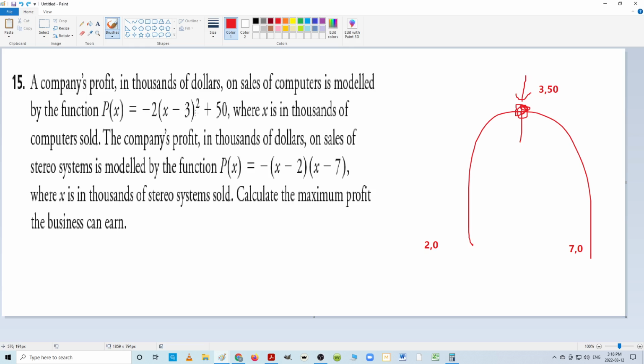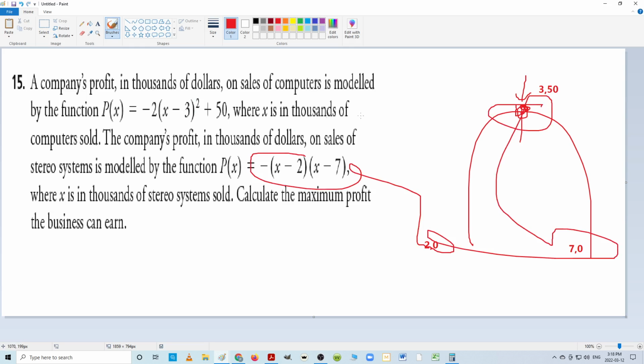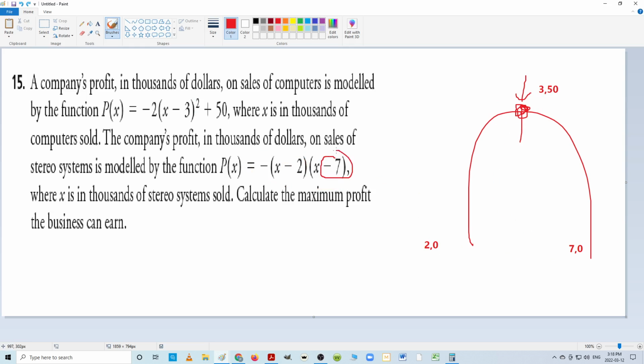Oh, actually, you know what? This one's different. That's different from this parabola, because those two meet at 3.5, 4.5, and this one's max is 3, 50. A company's profit on sales of computers is modeled by this function. The company's profit in thousands of dollars.